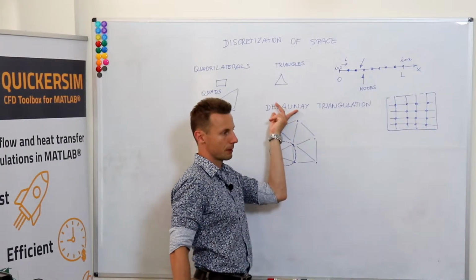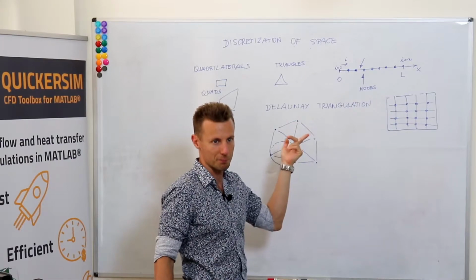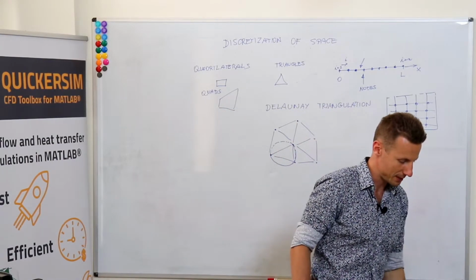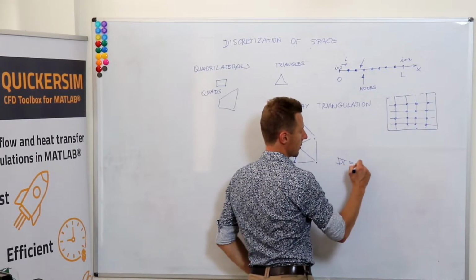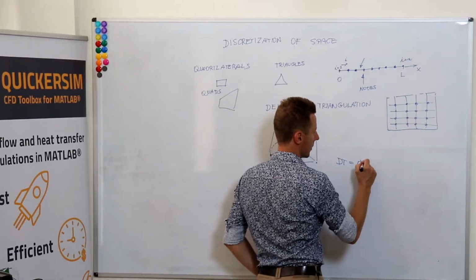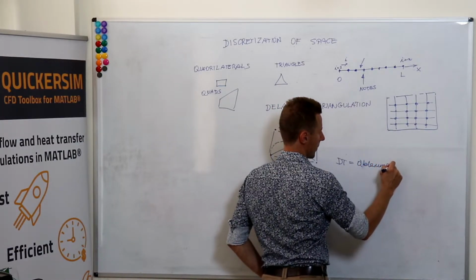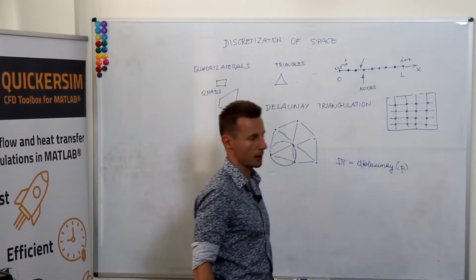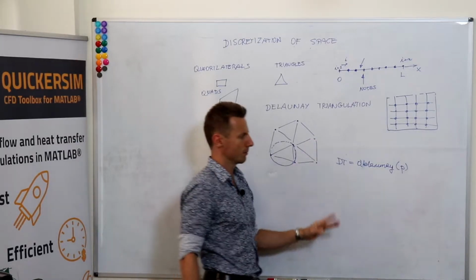The Delaunay algorithm can be found in MATLAB if you wish, and you probably already know it. It just generates the triangulation. P, I think, is the matrix of the coordinates of all the points.